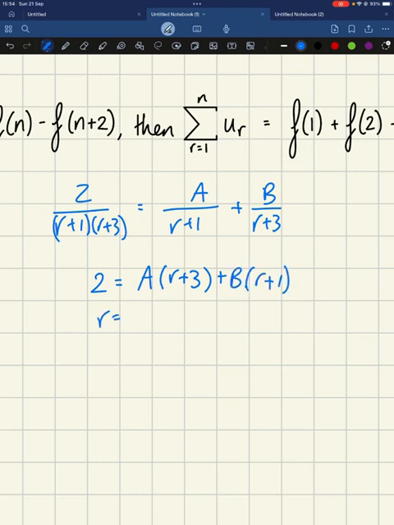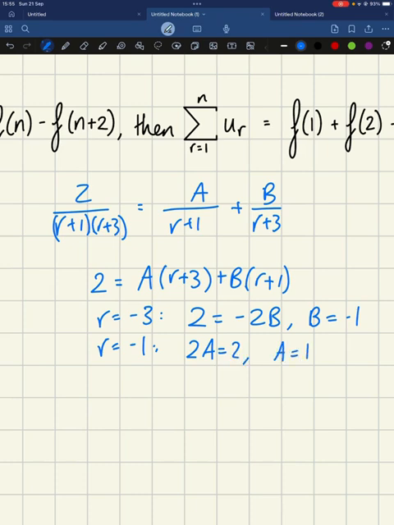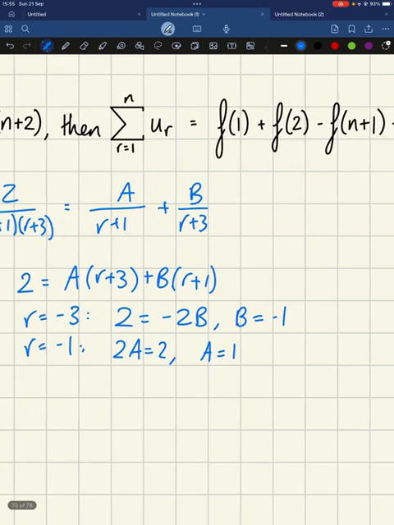If we let r equals minus 3, we get 2 is equal to, this will be 0, so we'll just get b times (minus 3 plus 1), which is minus 2b. So b is minus 1. If we let r equals minus 1, we get minus 1 plus 3, which is 2, so 2a equals 2, a is 1. So we'll just get 1 over r plus 1 minus 1 over r plus 3.